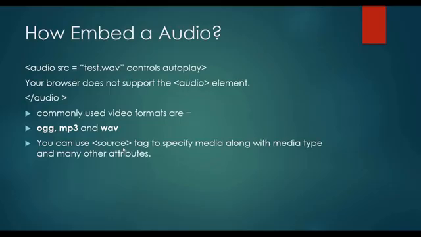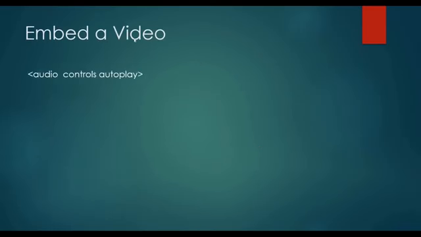You can use source here also, as in video we have a source file. See how to embed an audio. This is a spelling mistake, actually this is audio. So audio, controls, autoplay. Inside this, source SRC, same thing as video.